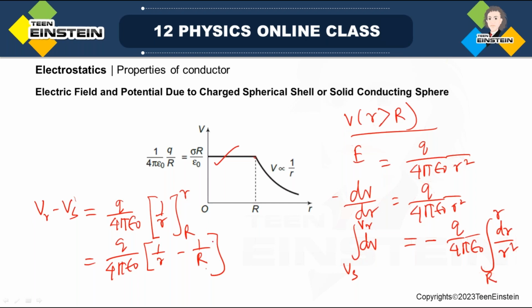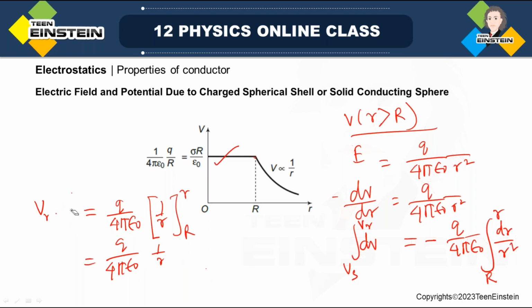Vs is also the same as q by 4 pi epsilon naught R. So this can be cancelled from both sides.